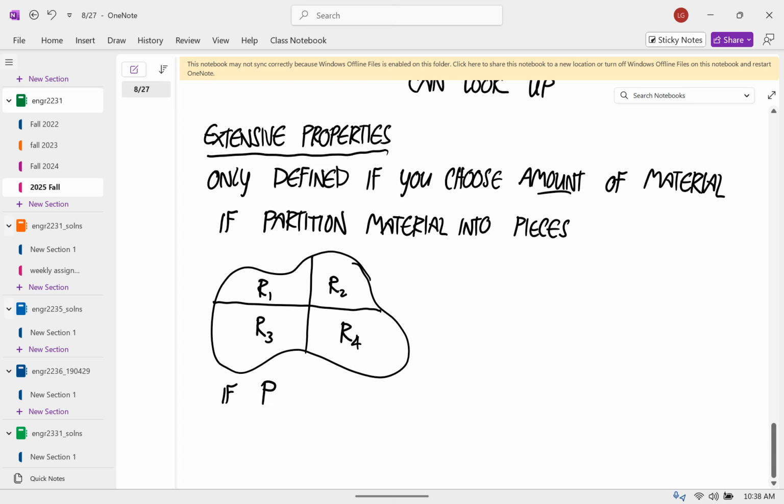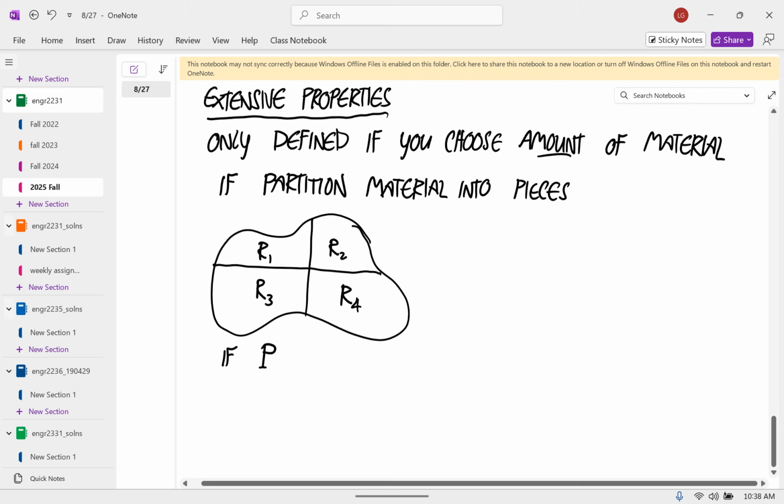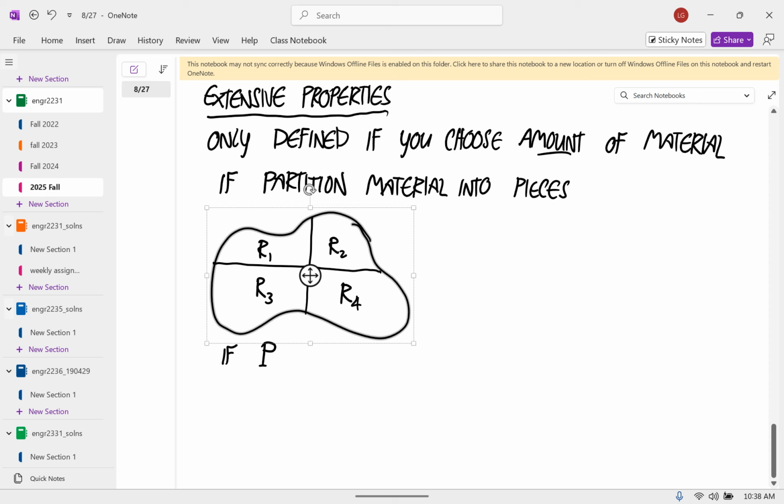If capital P is an extensive property, and it is important that you're not talking about pressure here because pressure is an intensive property, but P is for property.